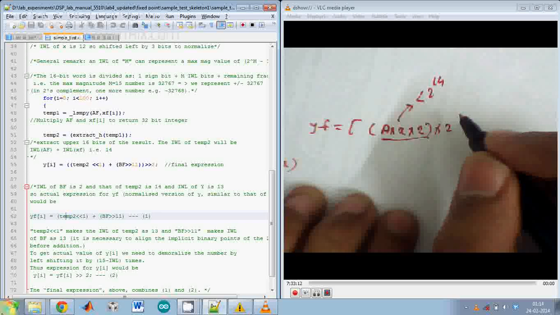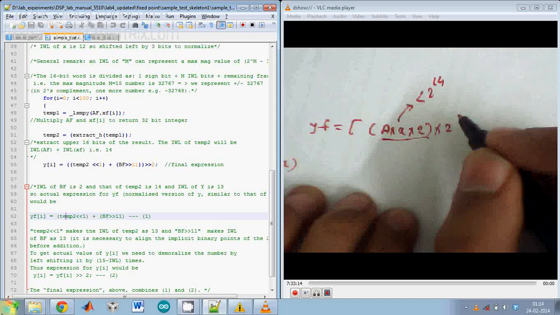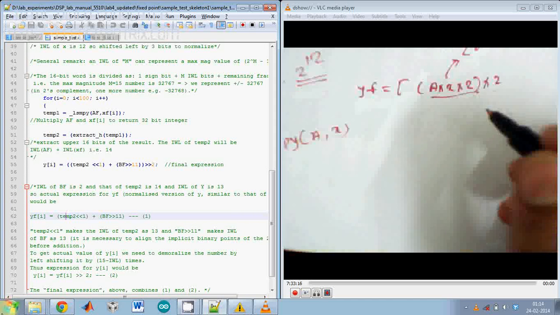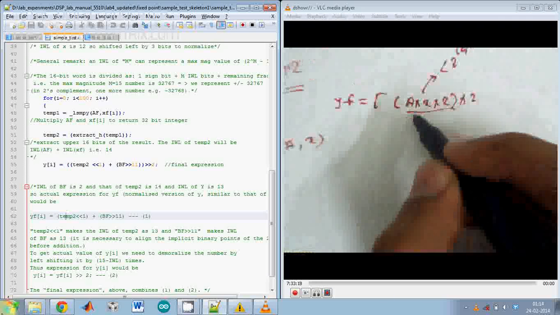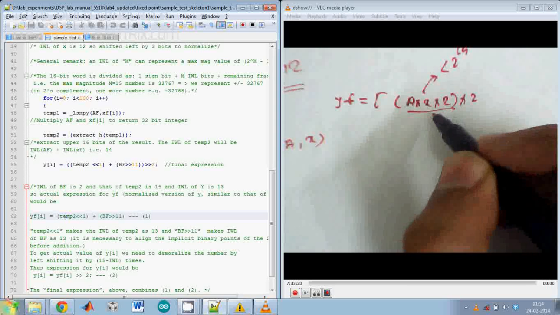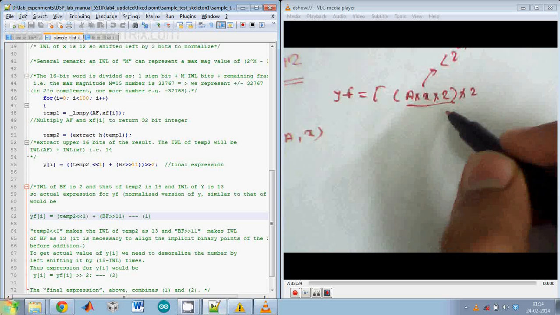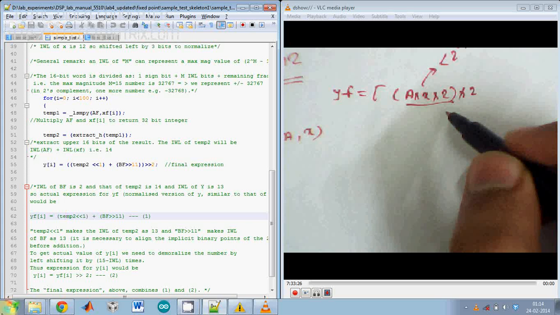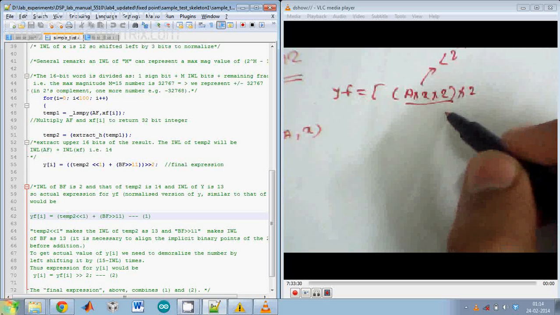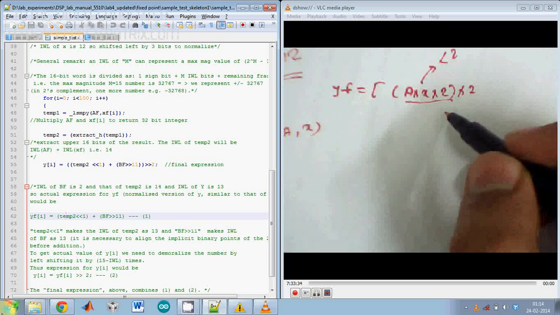So we need to shift it left by 1, and we are doing this because the integer word length of a into x into 2 is 14. This clearly indicates we are not using its 15th bit.